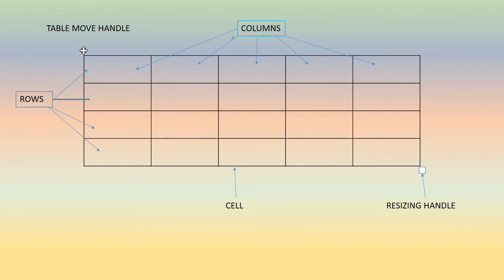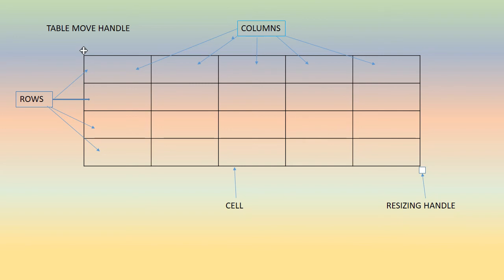In the upper left corner of the table you can see this plus sign. This is known as table move handle, through which you can move your table. And in the bottom right corner, you will see one blank small square.